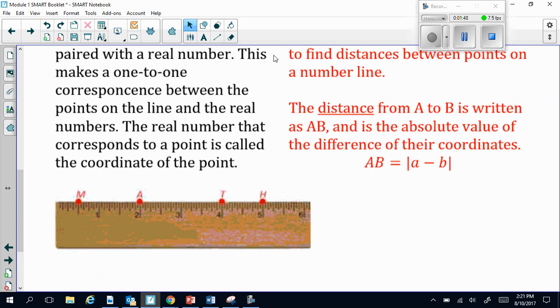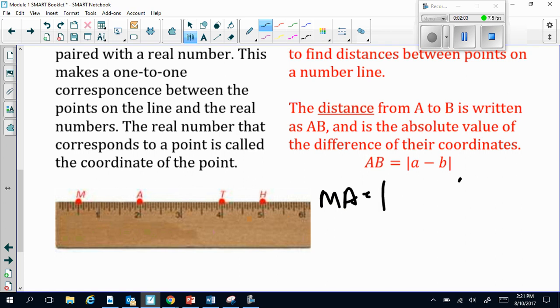Okay, so what I want to do is find the distance MA. Now, I know you can just look at that and see your distance from M to A. It's 1.5, because you can count. But I'm going to actually use our ruler postulate here. So the number that corresponds to M is 1/2, or 0.5, minus the number that corresponds to A is 2.